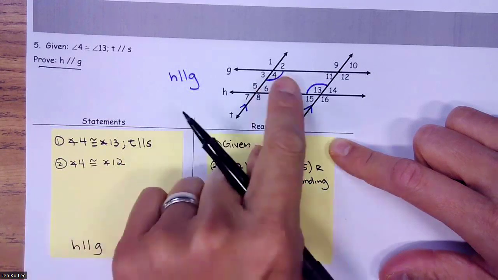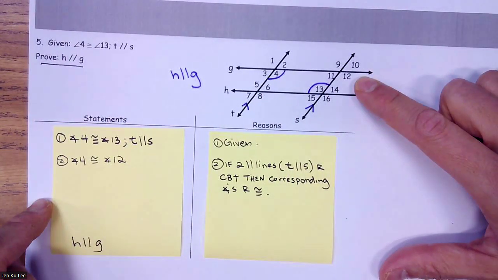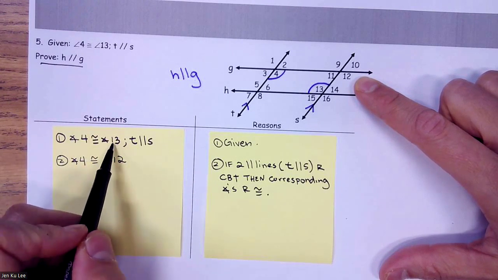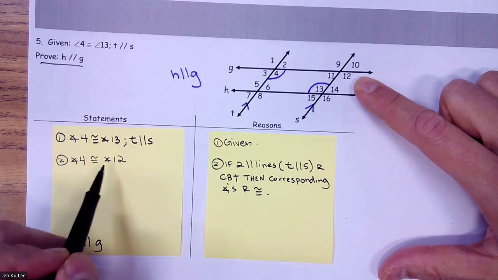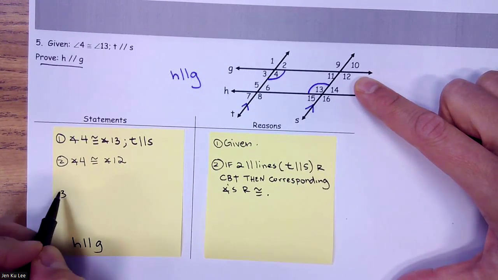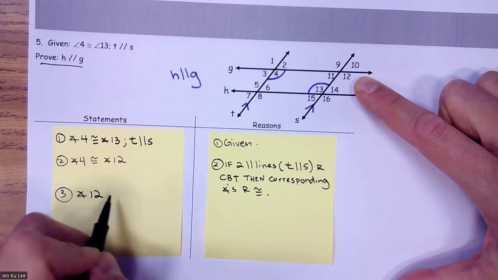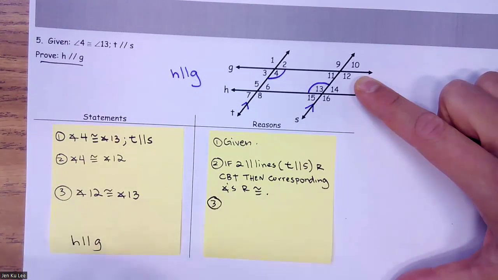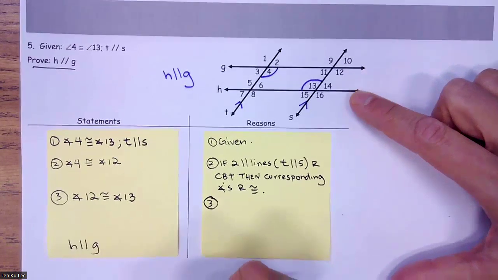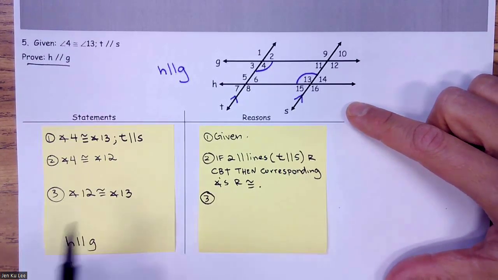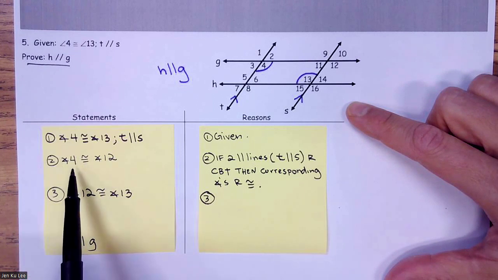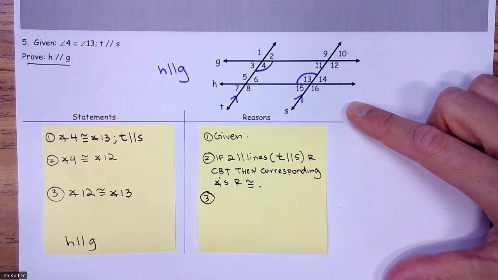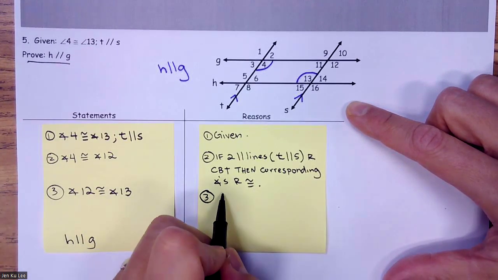Because 4 and 12 are corresponding angles, they're congruent. Now I can say angle 13 is congruent to angle 4, angle 4 is congruent to angle 12, so angle 12 is congruent to angle 13. What property is that? 13 is congruent to 4, 4 is congruent to 12, therefore angle 12 is congruent to angle 13. Yeah, the transitive property.